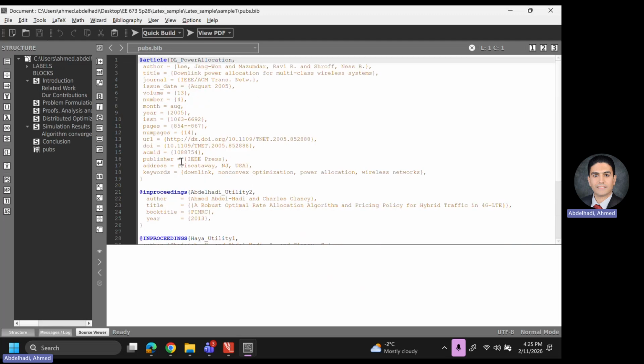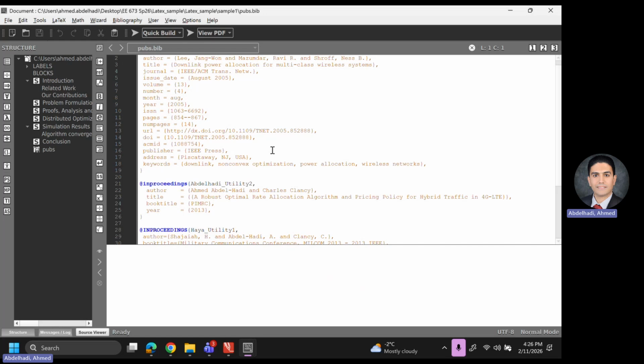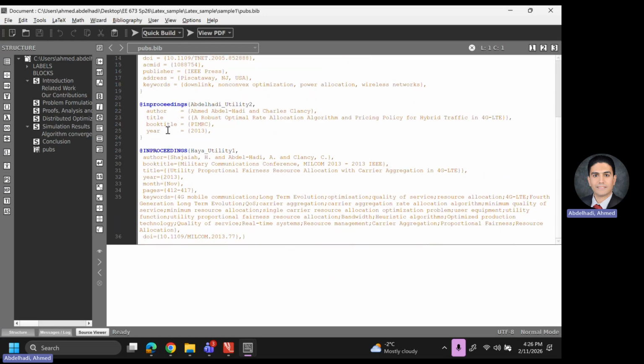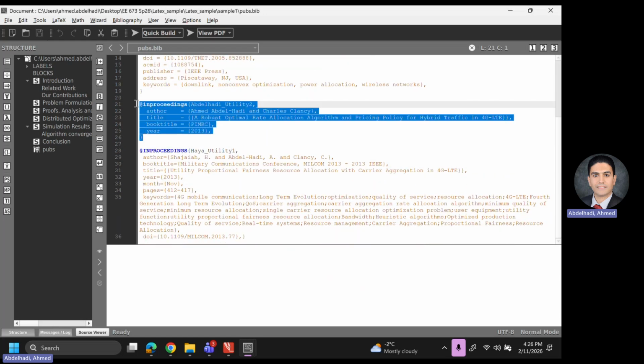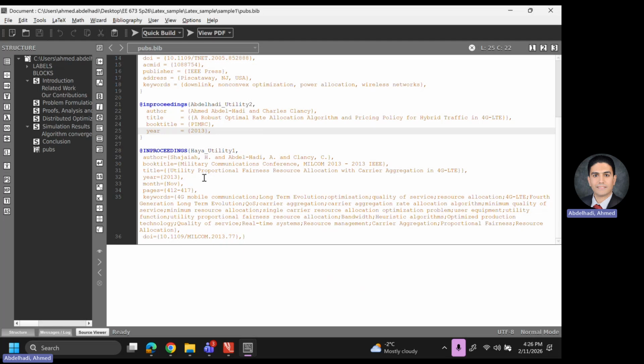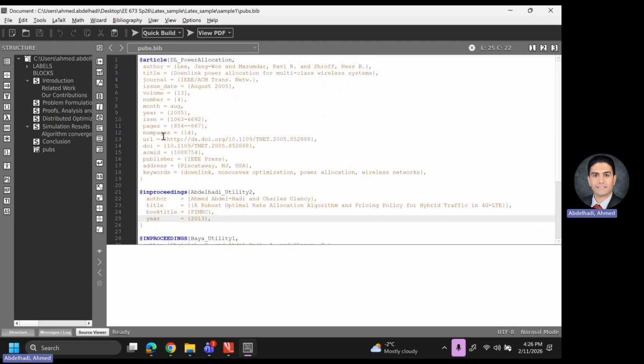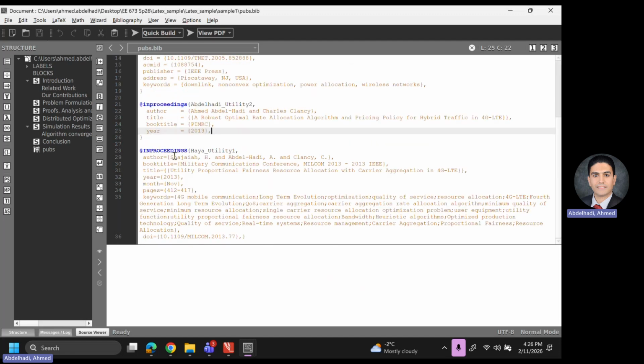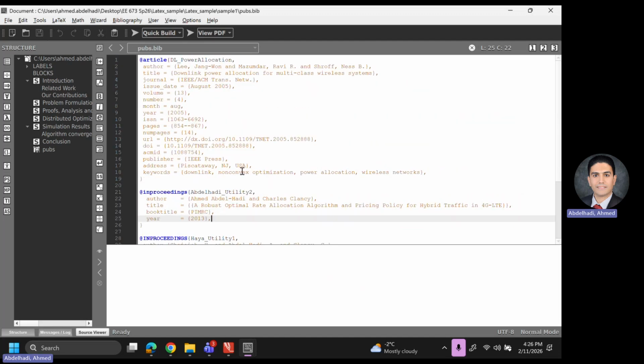For example, IEEE usually has a link that gives you directly the LaTeX format of the reference, or you can enter it. Like, for example, these are just something I entered. And there is proceedings if it's a conference, article if it's a journal. You can also link to a website, and you can also do other types as well.